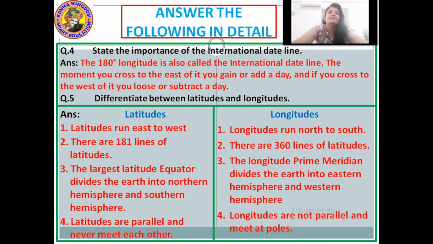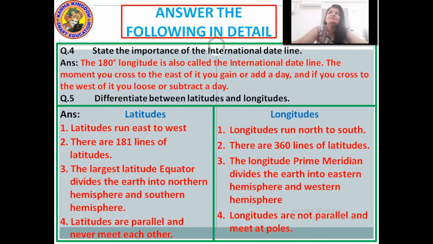Next, point number 2. In latitudes you have to write down there are 181 lines of latitudes.